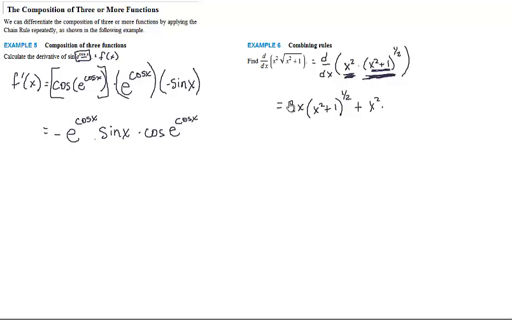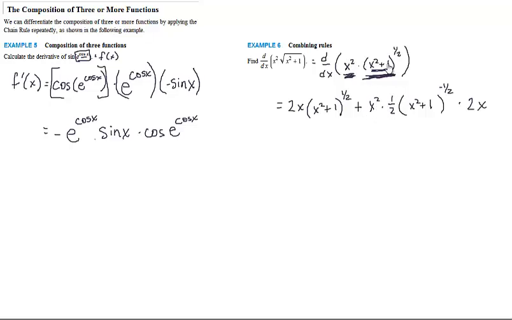So I'm going to take the derivative of my outside function, leave the inside alone. So the inside is x squared plus 1 times the derivative of my inside, which is 2x.